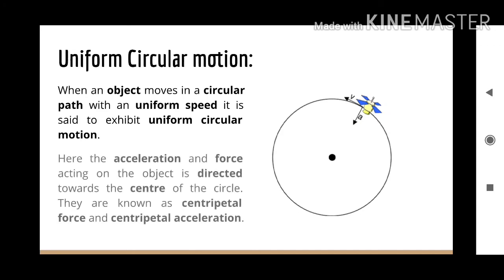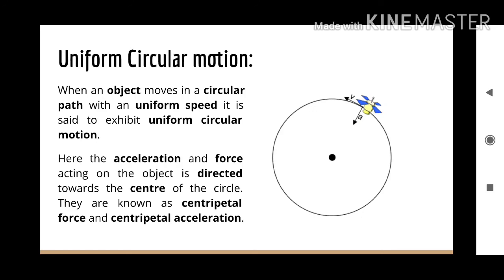So here see, the paragraph is the same thing. Here the acceleration and the force acting on the object, the satellite, are directed towards the center of the circle. Whenever the force or acceleration is directed towards the center of the circle, they are called centripetal force and centripetal acceleration.